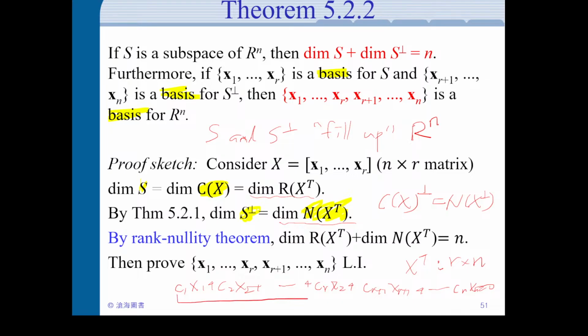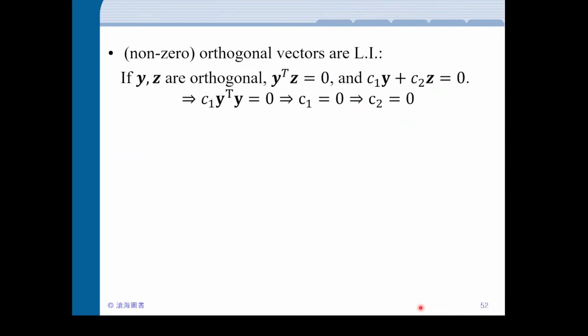Okay, and then we see that we have two vectors adding together being 0, and the first part is inside S, because it is a linear combination of something inside S. So this side is inside S, and this thing is inside S perpendicular. Let's think about something inside S and something inside S perpendicular. Here we actually want to say something extra, and it's a bit of a spoiler to a few sections later.